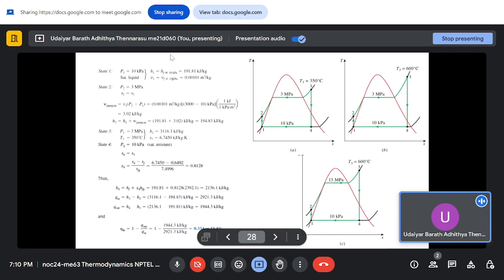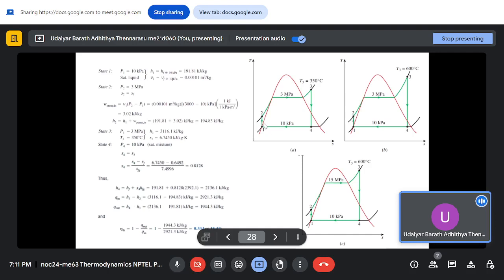So first, we'll start with the first case, and we'll find out all the states. At state 1, your pressure is 10 kilopascal, and it's saturated liquid, the enthalpy is 191.81 kilojoule per kg, and your specific volume is 0.00101 meter cube per kg. And at state 2, the pressure is 3 megapascal.